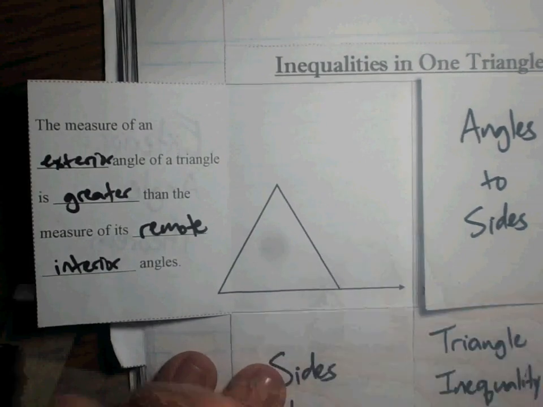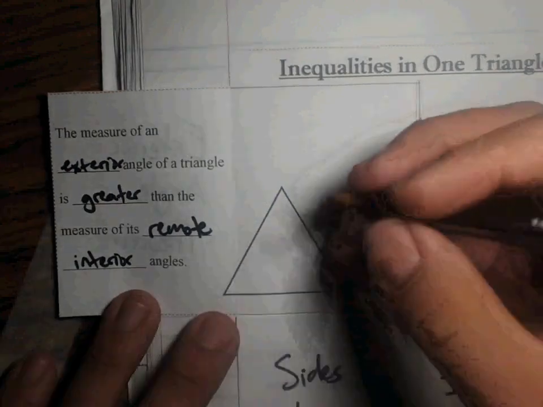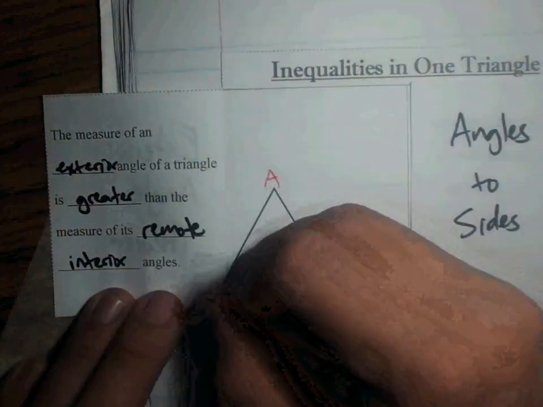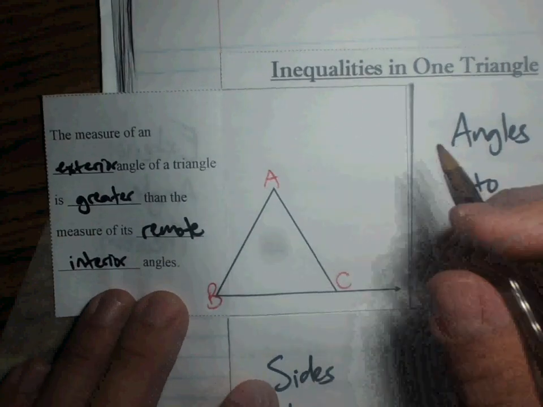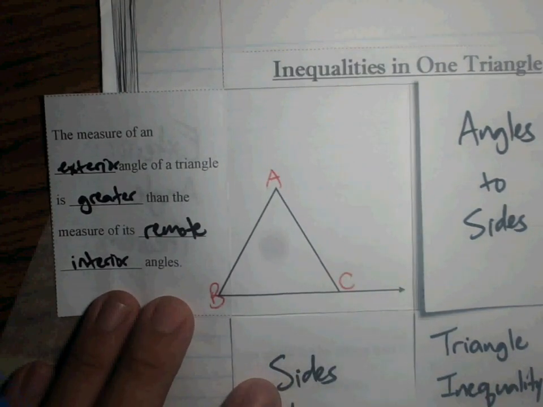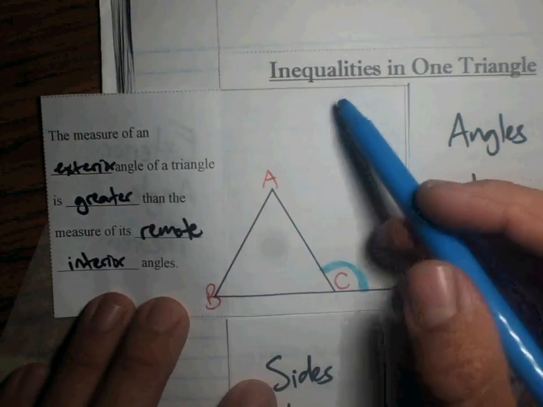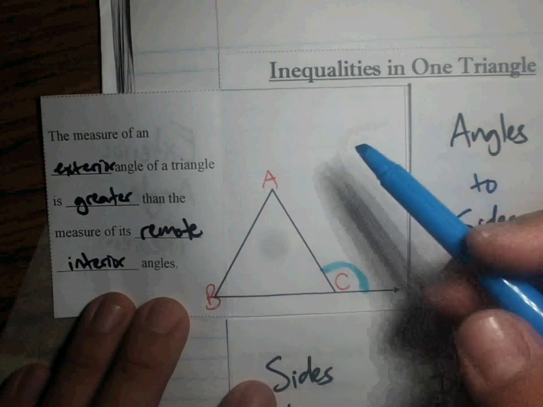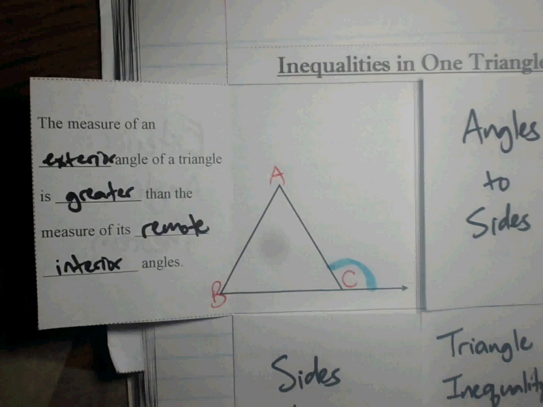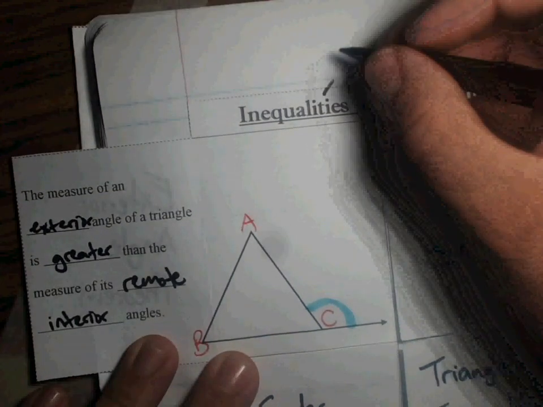So if we have these three angles, we can call these angle A, angle B, and angle C. This exterior one, on the outside, is angle C. Because we're talking about inequalities, remember, inequalities are stuff like less than, greater than.